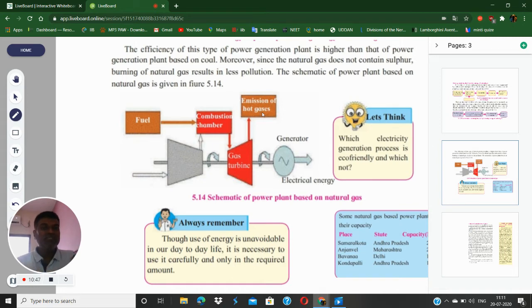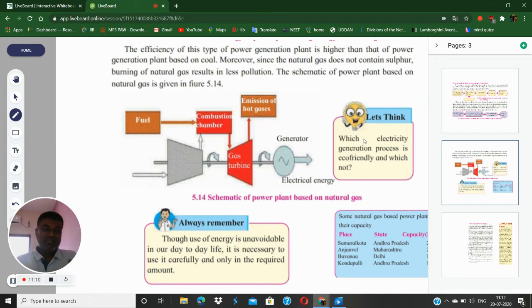So this is a special design with an easy, systematic schematic arrangement of a power plant based on natural gas. And think here, which electricity generation process is eco-friendly?